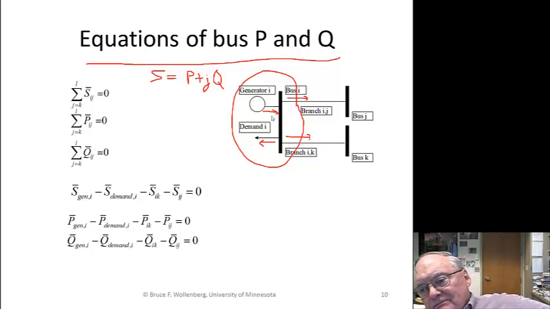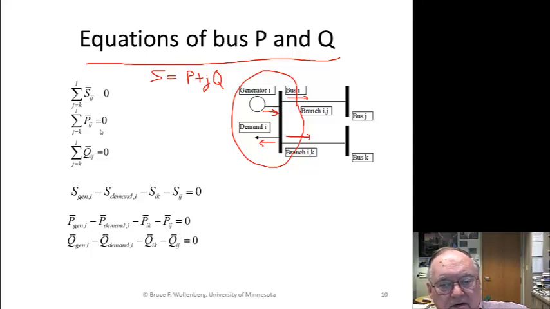Now this is basically a result of what we electrical engineers call Kirchhoff's current law, that says that the sum of the currents flowing into a node is 0. And that law becomes the sum of all of the S or MVA flows.